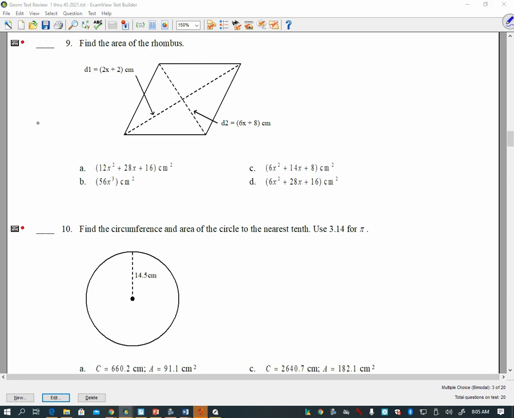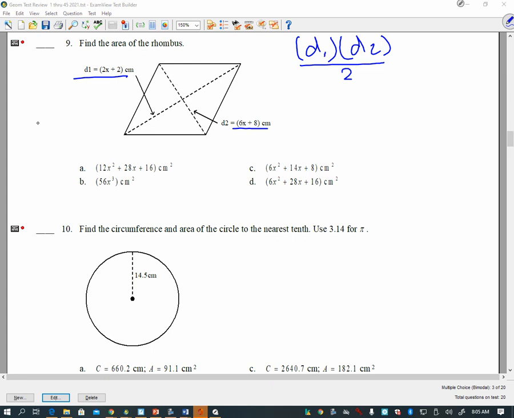D1 times D2 divided by 2. Can somebody tell me what D1 and D2 stand for? Diagonal 1 and diagonal 2, which is handy here because they actually label it like that. So diagonal 1 times diagonal 2 divided by 2.